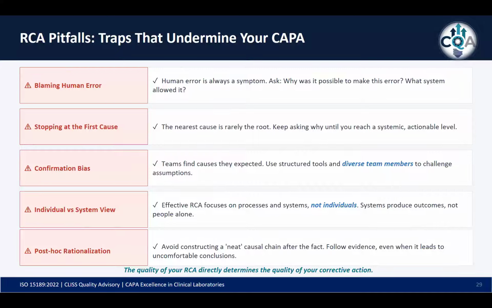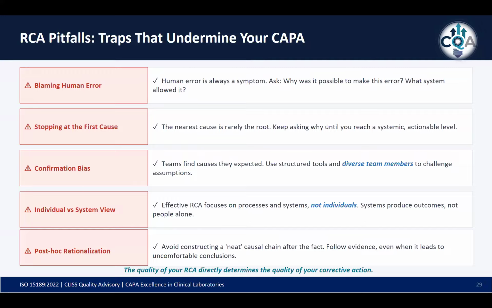Okay, and then pitfalls for the RCA process. Number one, the issue I mentioned earlier on: we are too quick to blame human error. When there's a problem, we blame so and so. They are the ones who did 1, 2, 3. But the question we should be asking ourselves is, why did the system allow the person to do that?